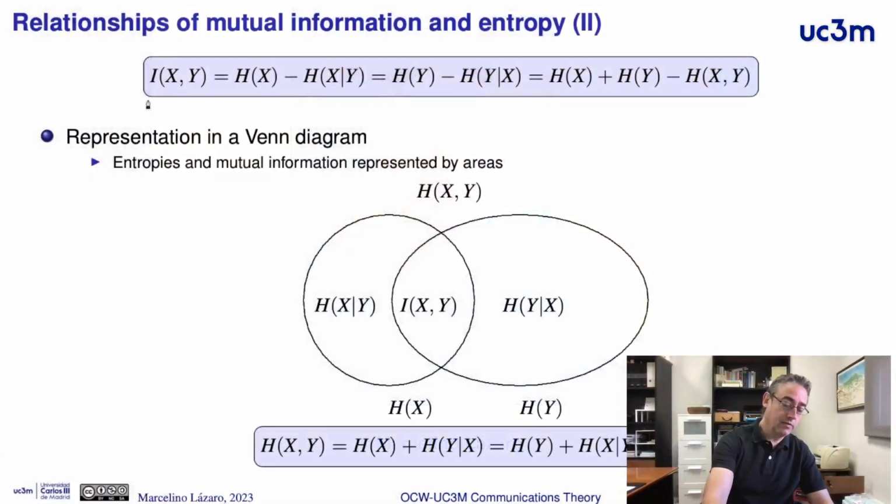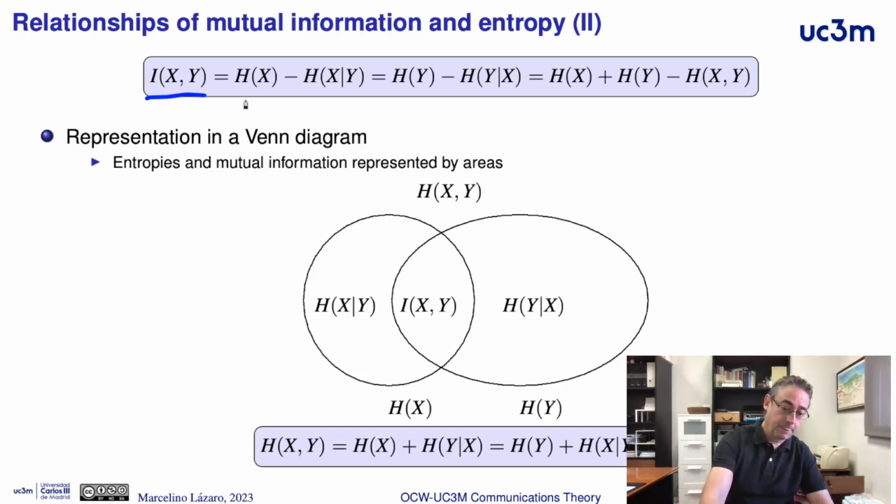If we start with the mutual information between two random variables, x and y, it can be obtained by the difference between the entropy of one of these random variables minus the entropy of the same one when the other is given.